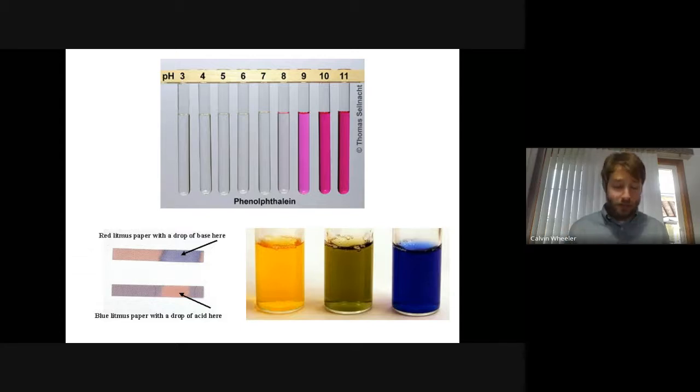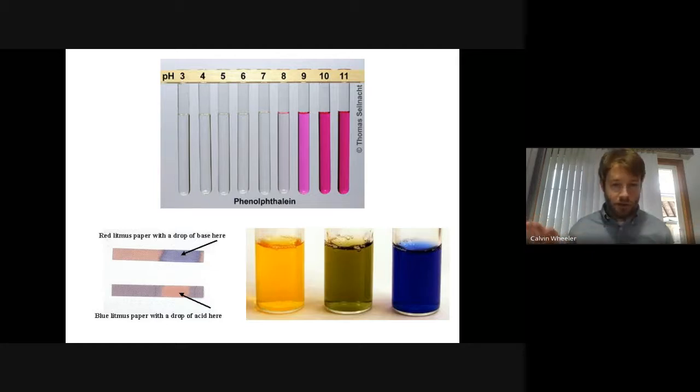Litmus paper is just a piece of porous paper, like filter paper, cut into small strips and soaked in the chemical. If you have red litmus paper, you could test for base. Red litmus paper, if you dip it in the base, will turn blue, just like the bromthymol turns blue in base. If you dip the red litmus paper in acid, nothing will happen. So it either is a base or it isn't. It's a test that's either this or that.